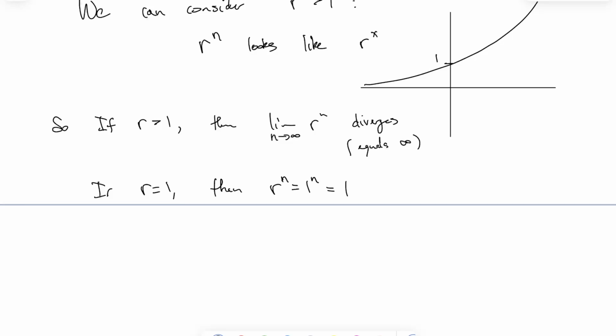So that means the limit as n goes to infinity of r to the n equals 1. If r equals 1, then it converges to 1 because the whole sequence of terms is just 1 every time.